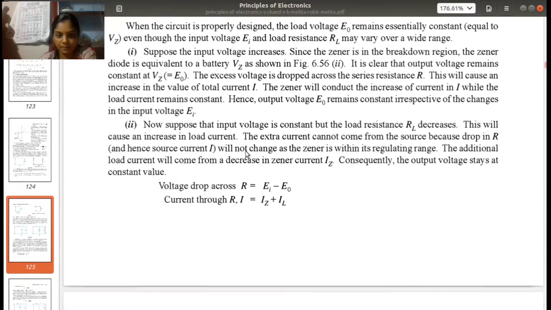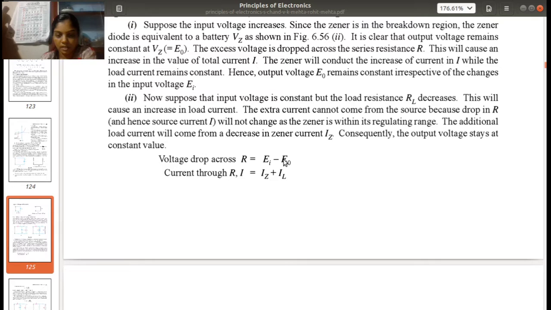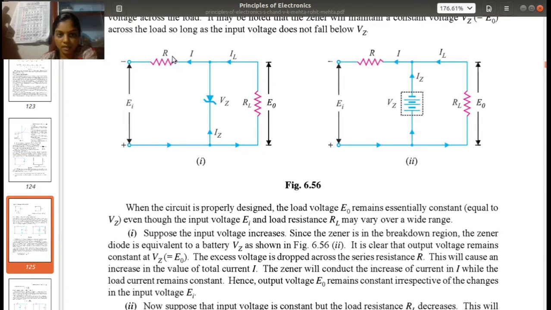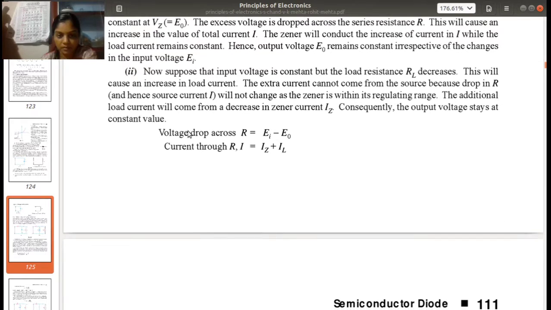The voltage drop across R can be represented as EI minus E0, the difference between the input voltage and the output voltage. So this is the voltage drop across the series resistance R. Whatever is flowing through the load resistance and the input voltage EI, the difference will be dropped across R. Then the current through R is IZ plus IL, that is through the Zener and the load resistance.